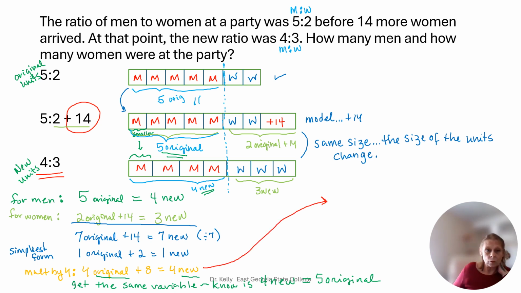Let me write the left-hand side of the equation down: 4 original plus 8 is equal to, and now that 4 new right there, I'm going to rewrite as 5 original. Now we have the same variables.